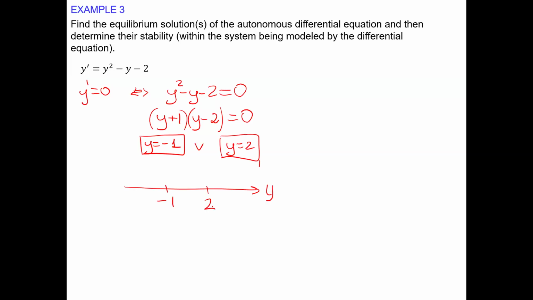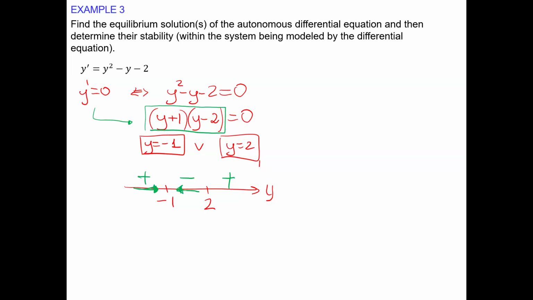negative 1 and 2. When we test, let's see again, when I substitute 3 into that form, because this is the derivative, 3 plus 1, 3 minus 2, positive. When we substitute 0, 1 times negative 2, negative. And when we substitute negative 2, both negative, multiplying to positive. And again, positive means that on the phase line the arrow is pointing to the right.